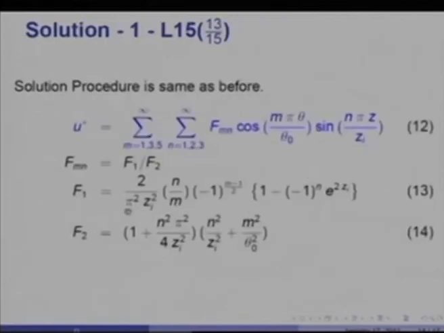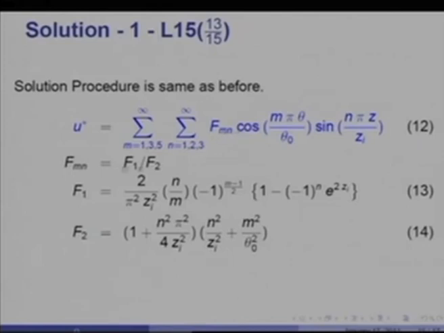So, we multiply both sides by an appropriate Fourier series function, cos m pi theta by theta naught, sin n pi z by z i, where these functions are obtained by noting the boundary conditions, and Fmn is the Fourier coefficient.